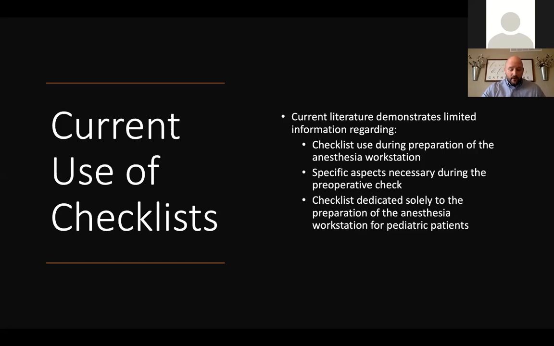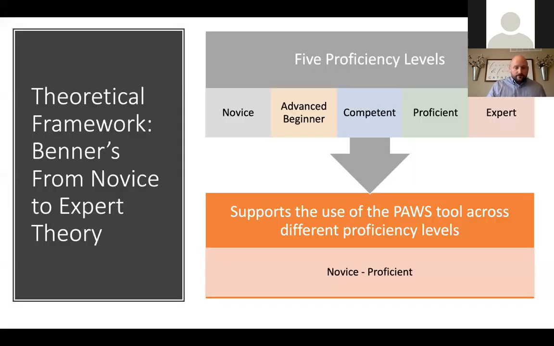Due to the lack of a previously published pre-op checklist dedicated to pediatric patients and pediatric anesthesia specifically, I was required to develop a completely new, unique checklist devoted to that population. The theoretical framework chosen to guide this project was Benner's novice to expert theory, as it describes concepts related to skill attainment among nurses.